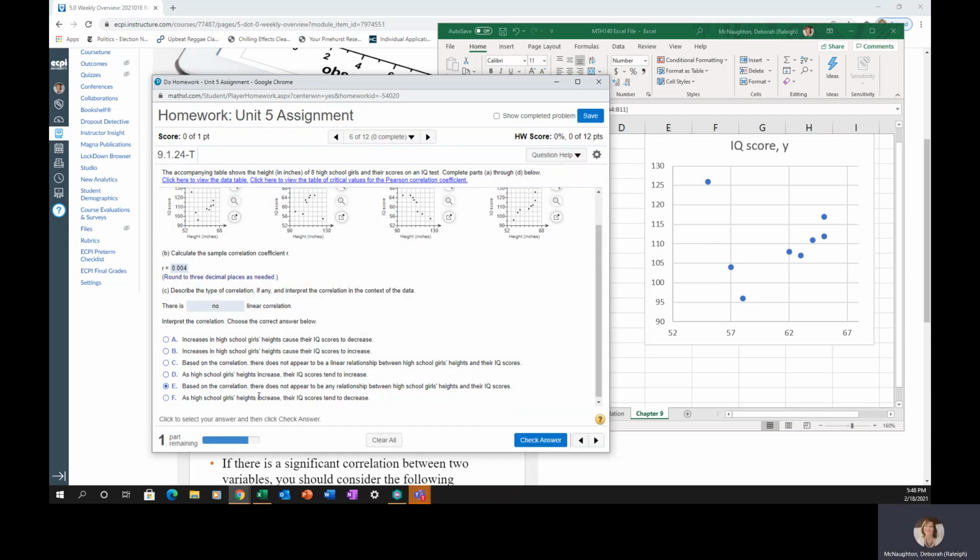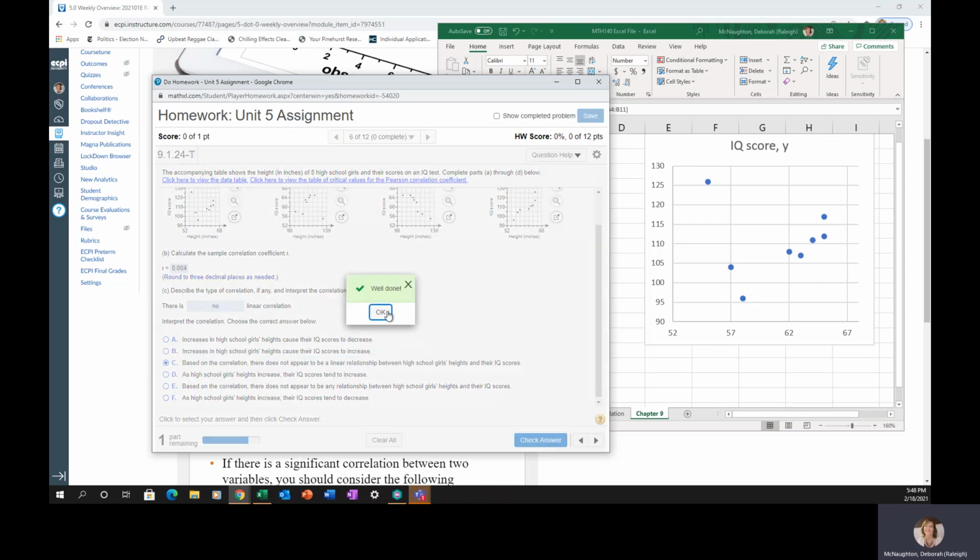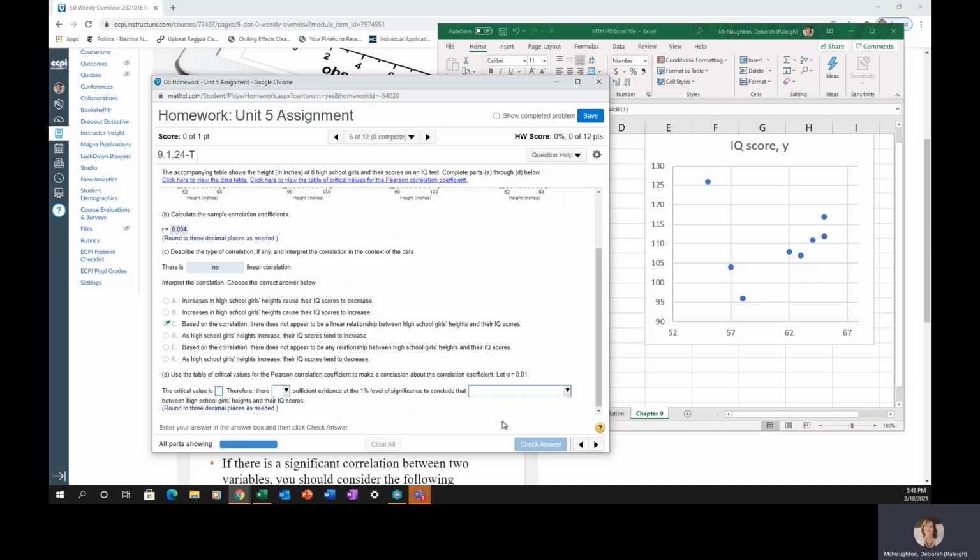Oh, whoops, that's not true. I clicked this. There's no linear correlation. I didn't read them all. Always read them all. Based on the correlation, there does not appear to be a linear relationship. Okay, because that's all we're checking, linear relationship, not no relationship.